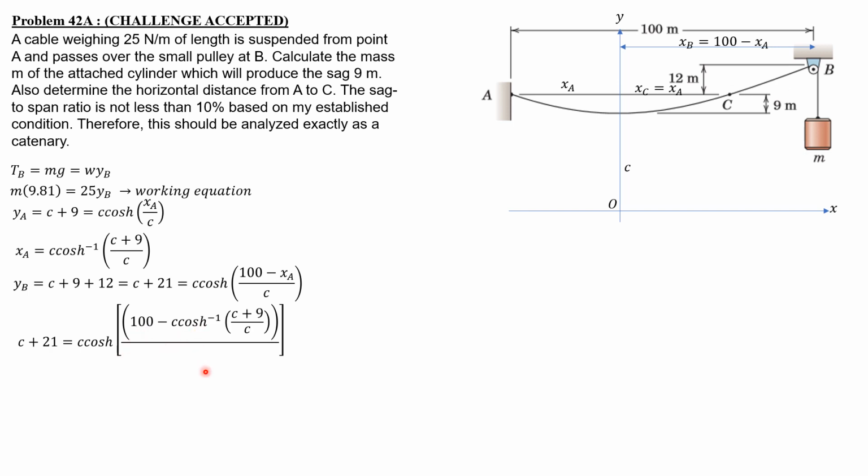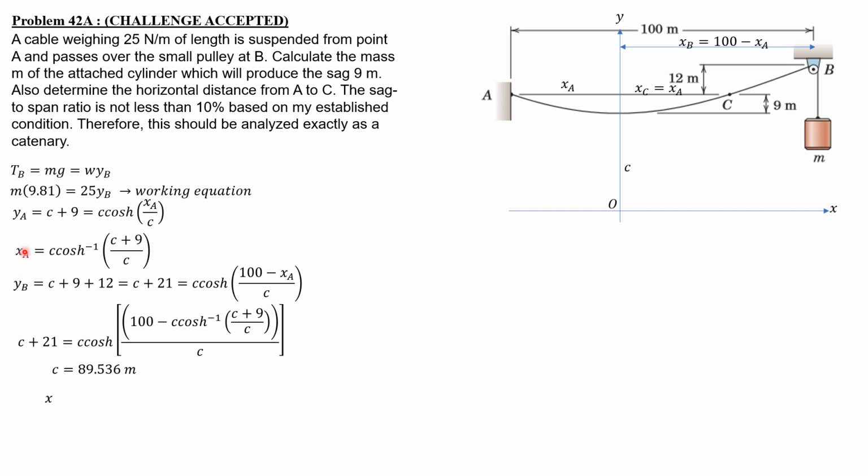If your calculator is not high-tech, you have to try values of C. You may start with 60, increase it because the sag is small, so we expect C to be high. So solving for C, C is 89.536 meters using the high-tech calculator.